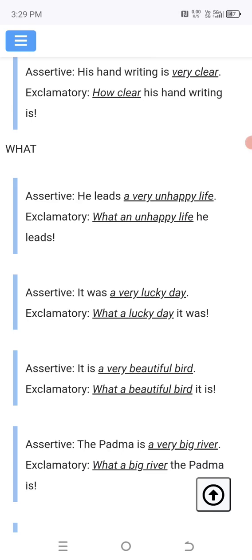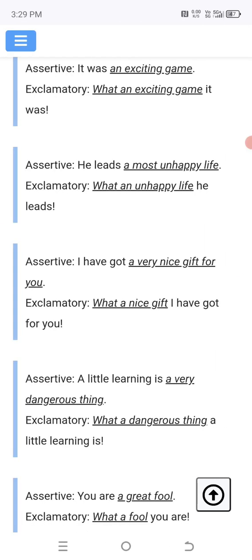It is a very beautiful bird. What a beautiful bird it is. The Padma is a very big river. What a big river the Padma is. It was an exciting game. Here in this sentence, the article an is used.